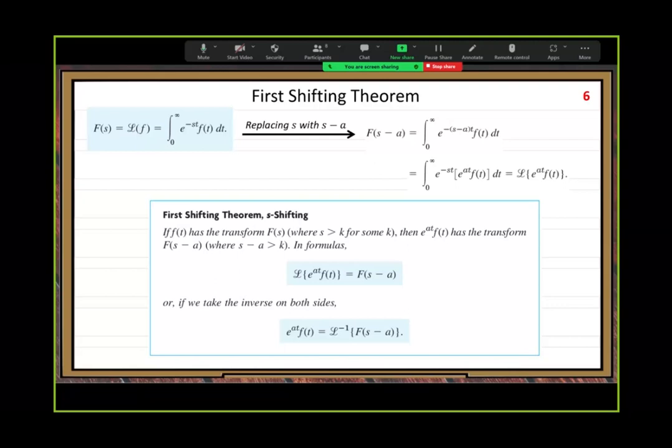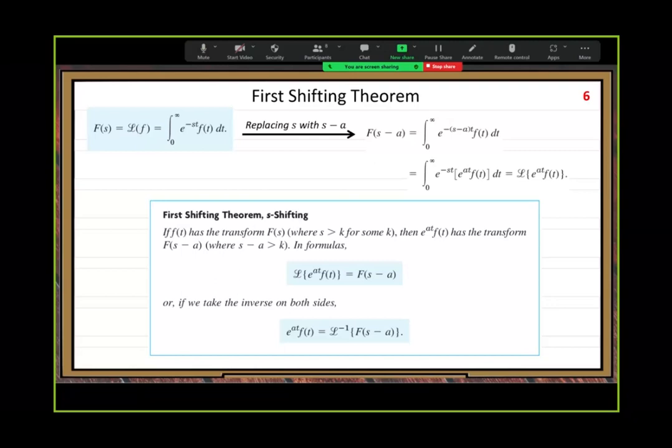For the inverse, you can use that formula too. Sometimes when you apply this theorem, you can simplify your calculation of the Laplace transform and the inverse transform.